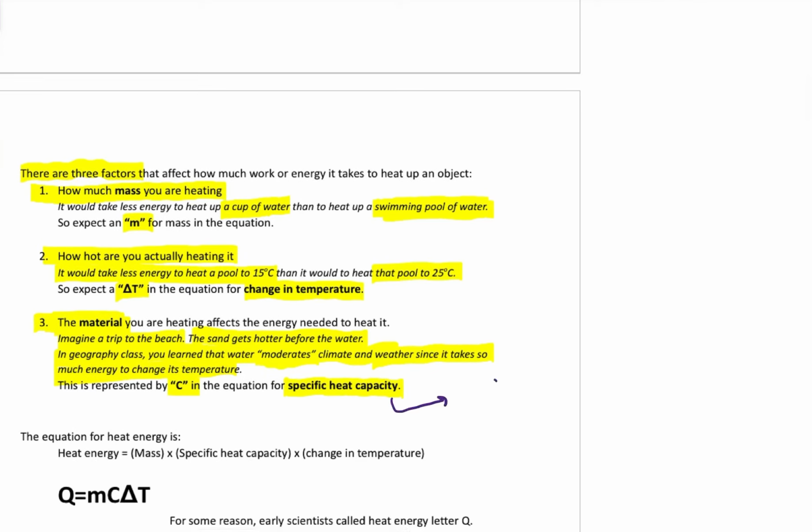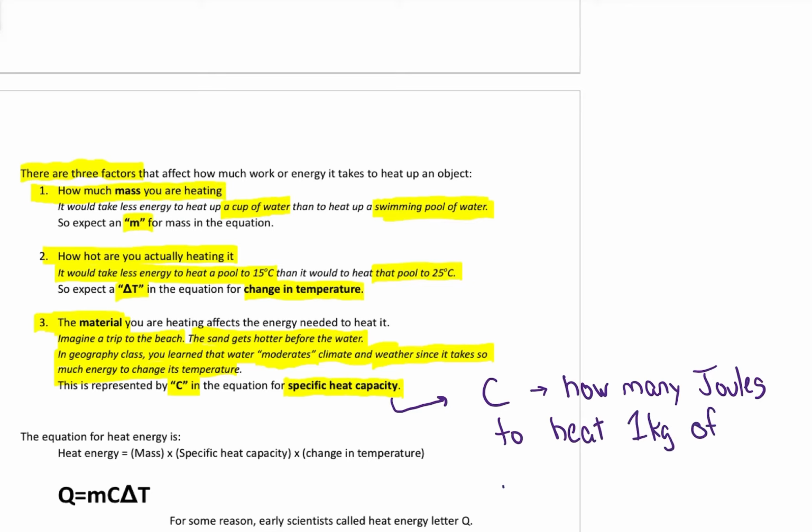It's a number, and it's how many joules it takes to heat 1 kilogram of that material by 1 degree Celsius. So the value for water is approximately 4,200.